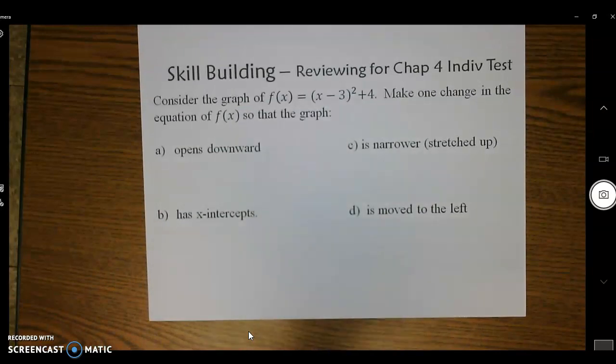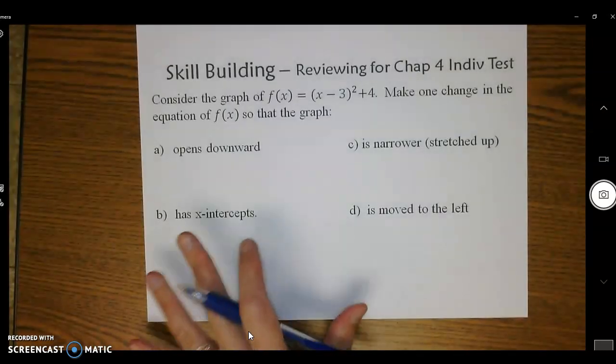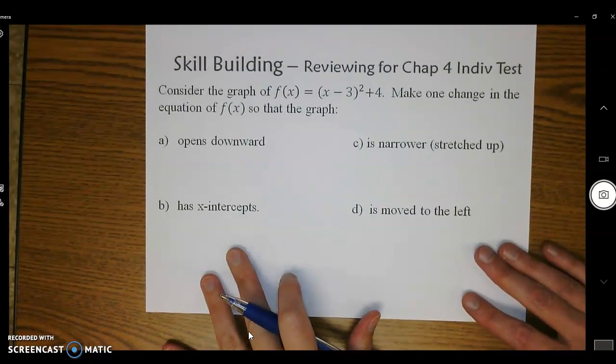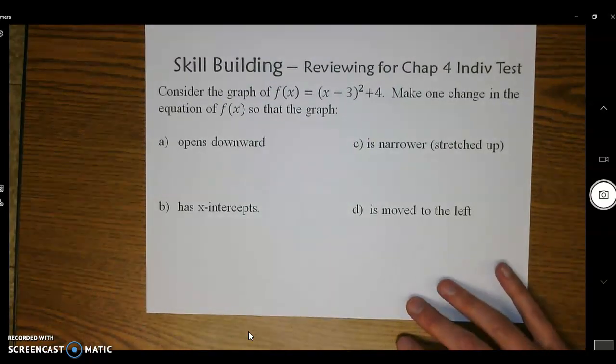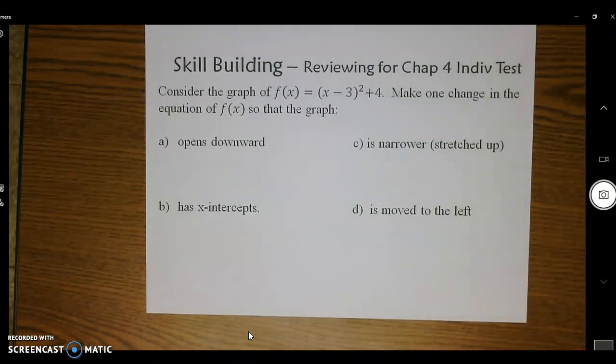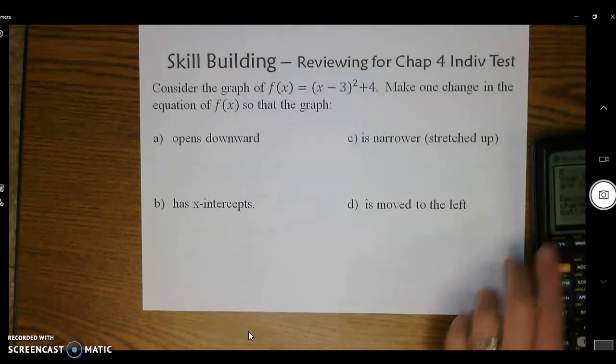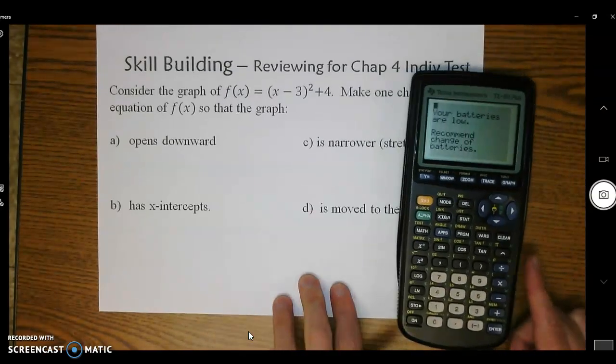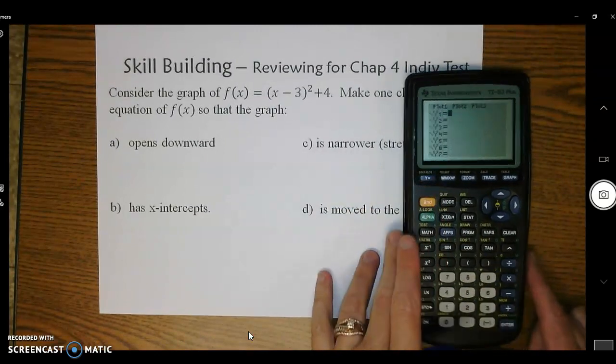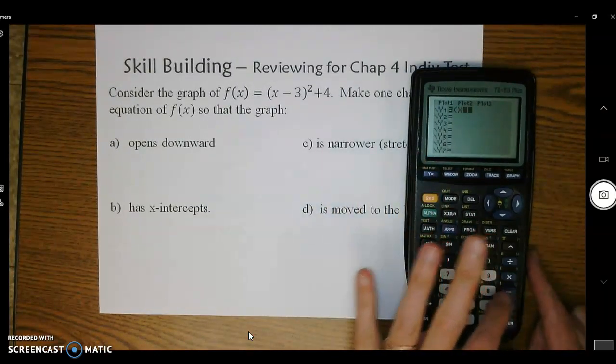Next type of problem we need to review is from Chapter 2. We're supposed to consider this graph. We have to make a change so that it opens downward. If you recall, the A value is what makes things open downward.